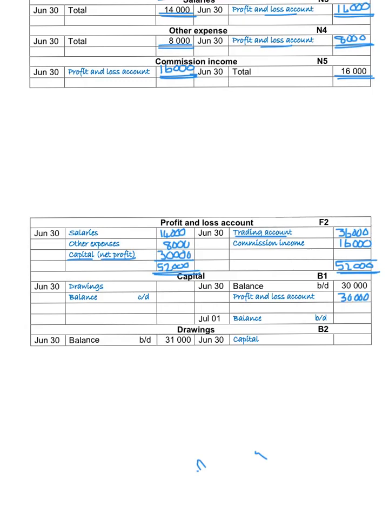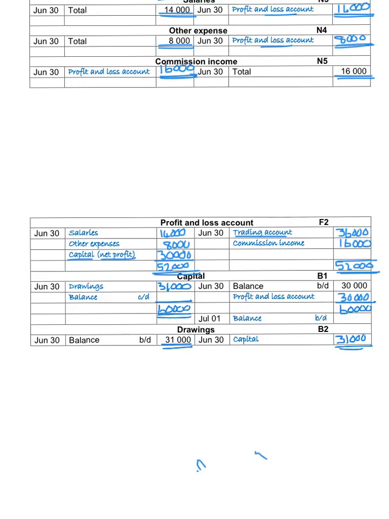If we look at the credit side, we see that the equity of the owner after the profit was added is 60,000. But the owner already took 31,000 from the business during the year, so we have to close off this 31,000 to the capital account to determine what is the actual equity at the end of the year after we've taken the profit and the drawings into account.